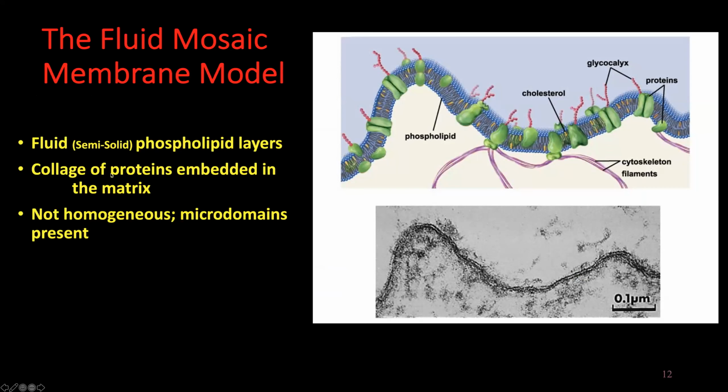And they are a collage of proteins embedded in this matrix. It's not homogeneous. There are many microdomains in a membrane. So here you can see a picture, a drawing of a membrane, and here you can see an electron micrograph of a similar membrane.